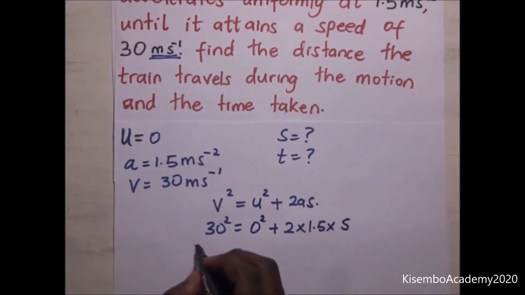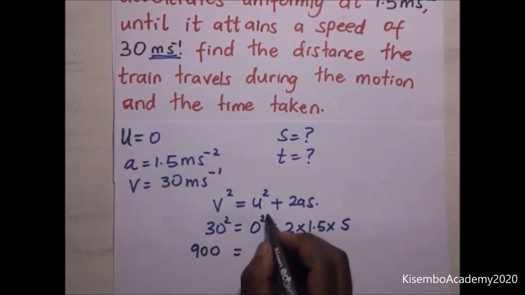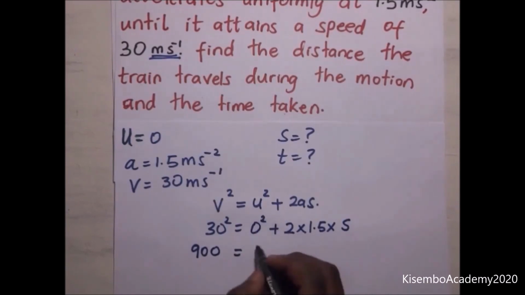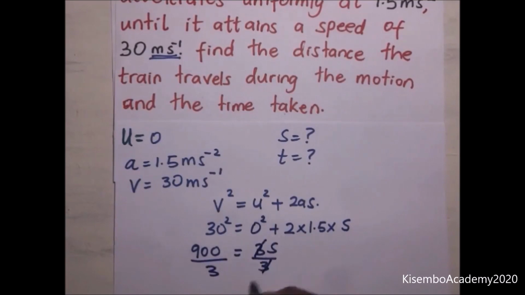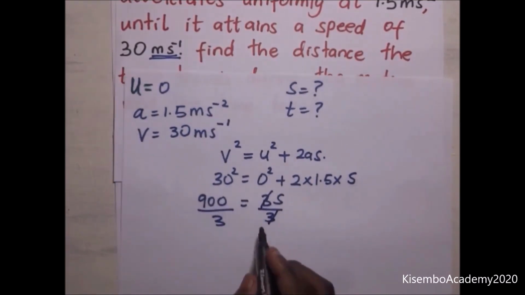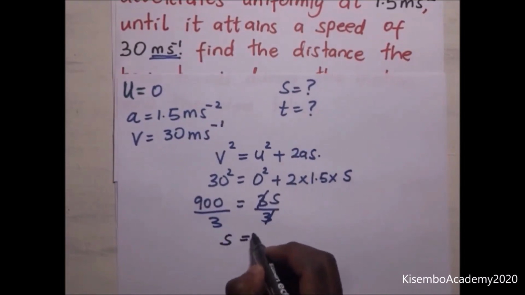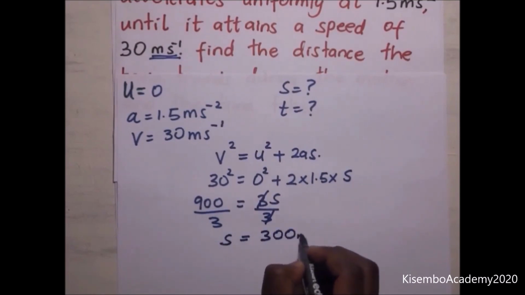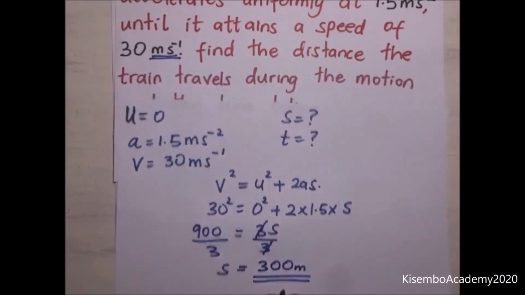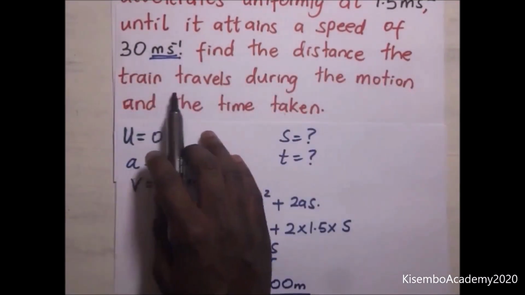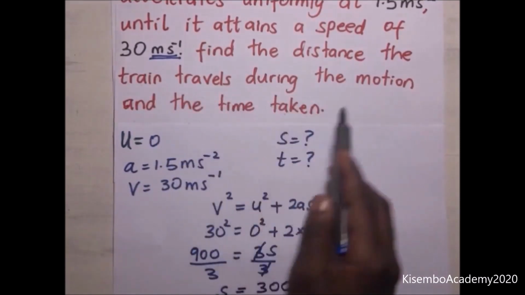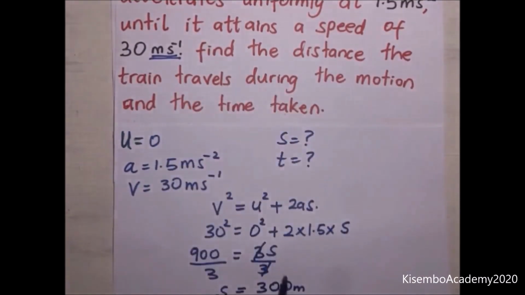So 30 squared, which is 900, is equal to 0 squared, which is 0, plus 2 times 1.5, which is 3s. Divide both sides by 3. So our value of s is 300 meters. So the distance the train travels during the motion is 300 meters. That's what we've got.